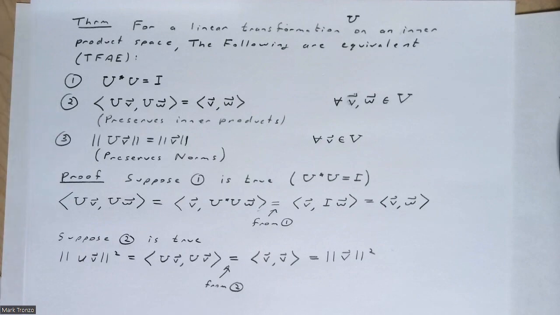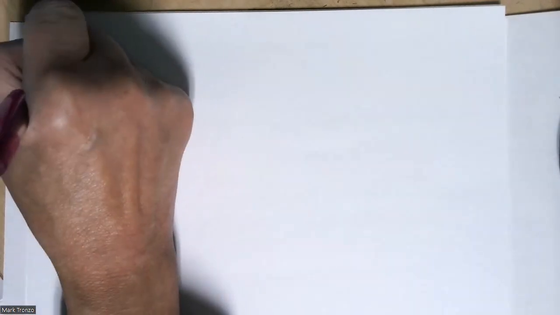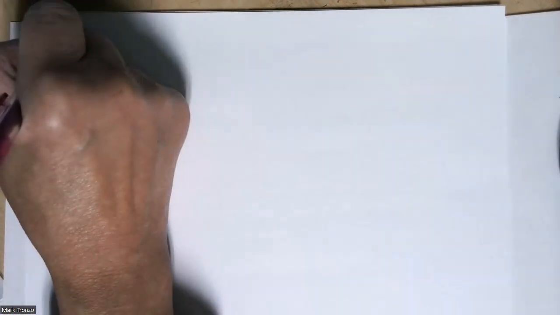Now we have to kind of go the other way a little bit to cover all the bases. So now we're going to start at the bottom. So suppose 3 is true.